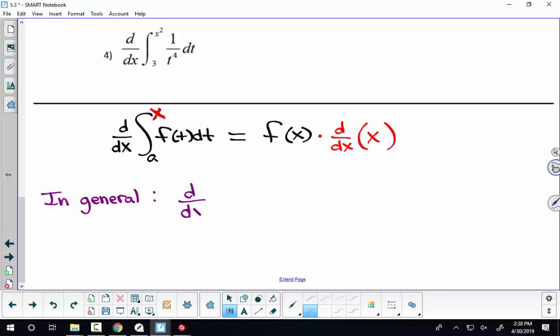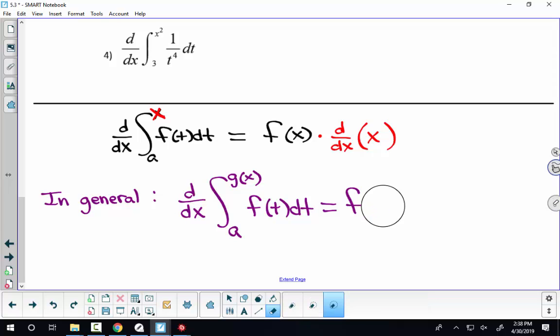The derivative of the integral from a to some function, we'll call it g of x, of the function f of t dt is f of g of x times the derivative of g of x.